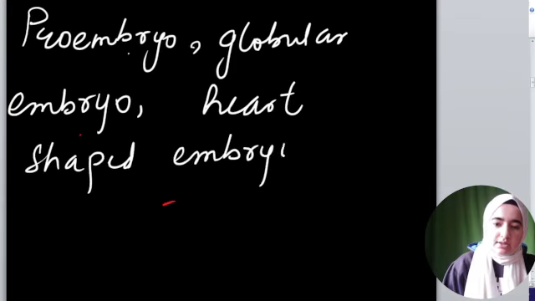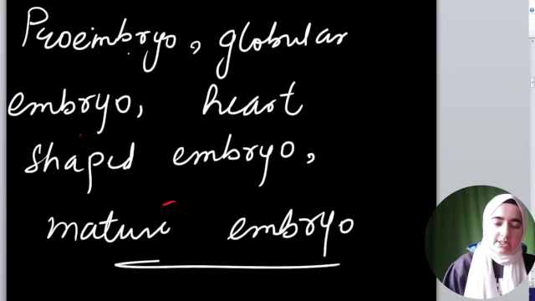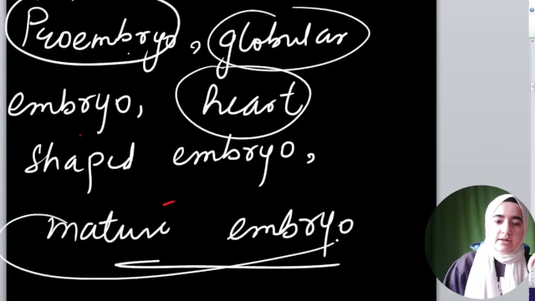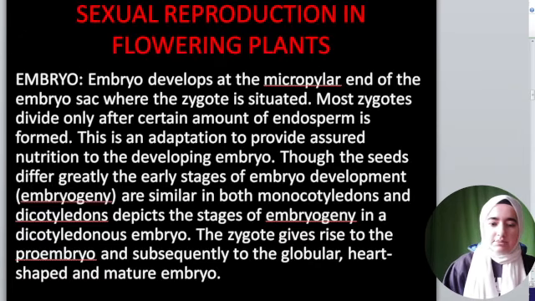You can check the diagrams in NCERT. And finally, embryo will form mature embryo. I hope this concept is clear. Please remember, first proembryo, then globular embryo, then heart-shaped embryo, and then finally mature embryo.